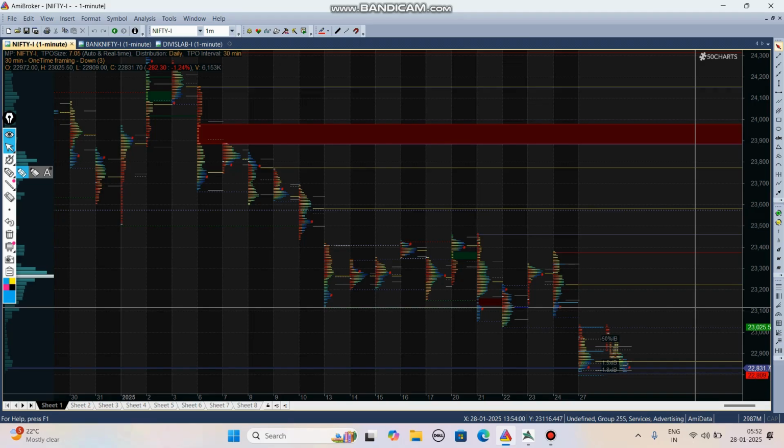And the third mistake, they don't know the standard deviation levels. Standard deviation is the main part, because for every index or stock, the price will react only within the standard deviation.